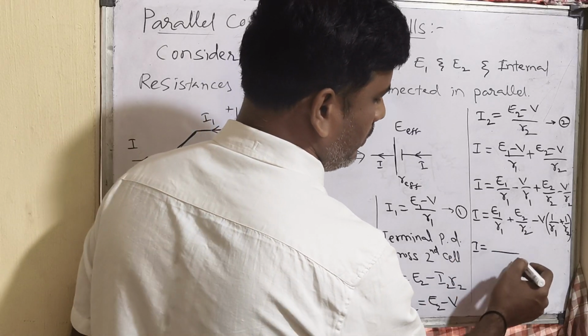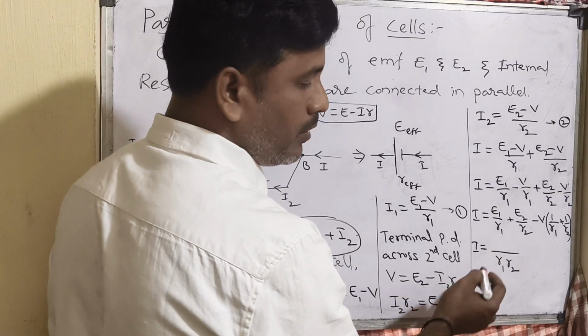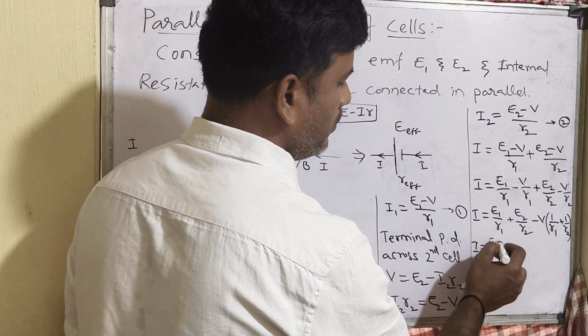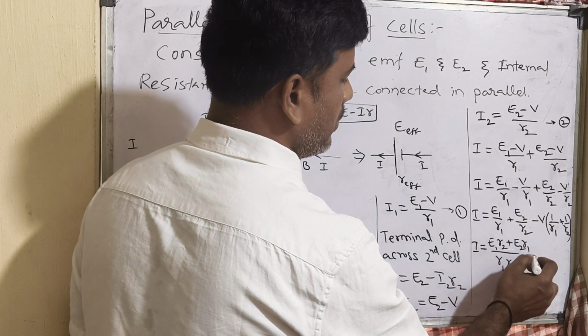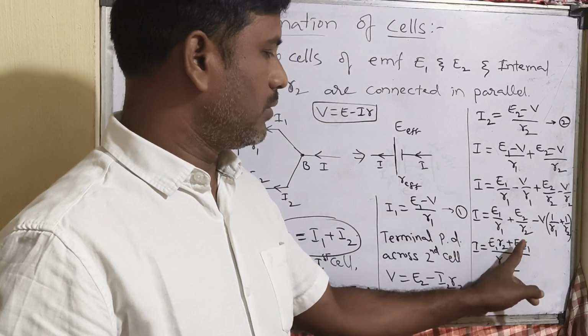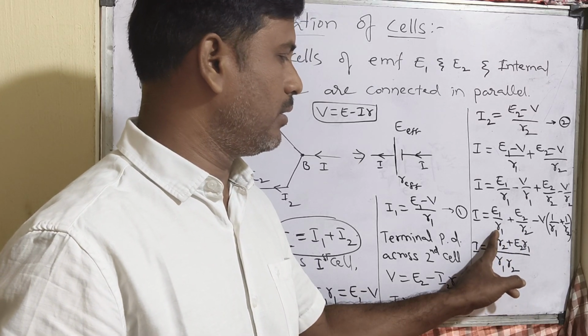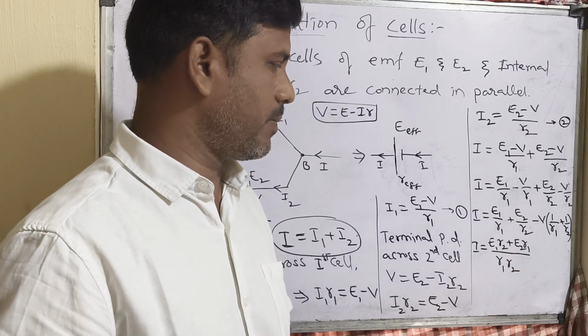Here take the LCM R1 R2. Cross multiplication, so E1 R2 plus E2 R1. For the LCM R1 R2, here R1 is there but R2 is not present, so that's why multiply with R2 here.